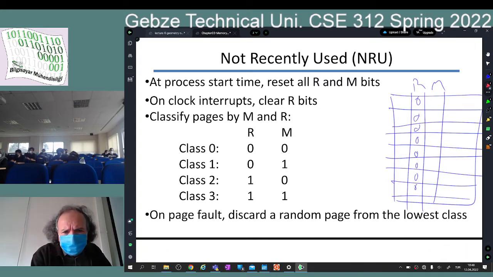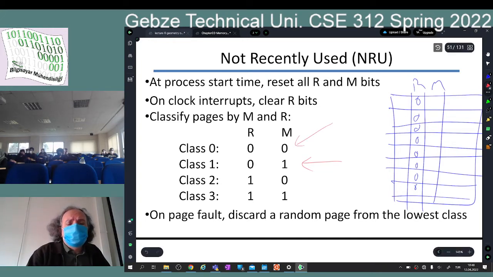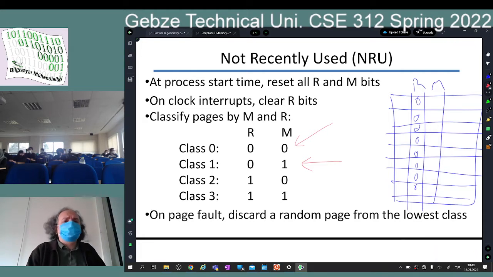Question for you: why do you think that I replace class 1 pages earlier than class 2 pages? I understand why I am giving this order. I am saying that I don't like you because nobody referenced you, nobody modified you.